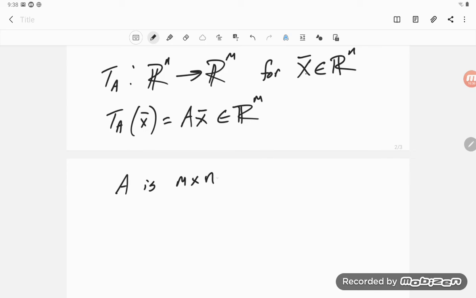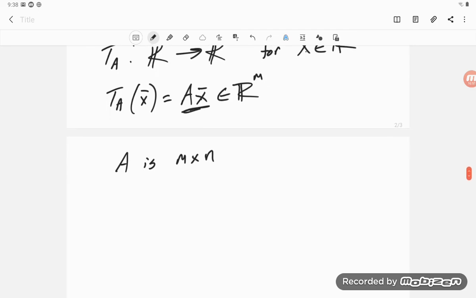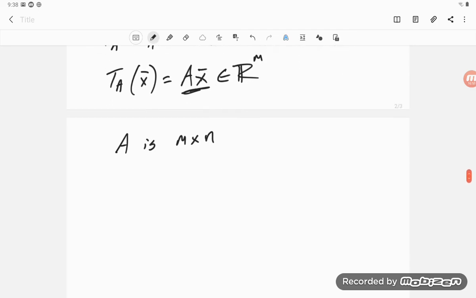I can do that because if x has n rows and A has n columns, I can do that multiplication, and the result will be m rows. So A is just m by n, and that is the definition of our linear transformation.